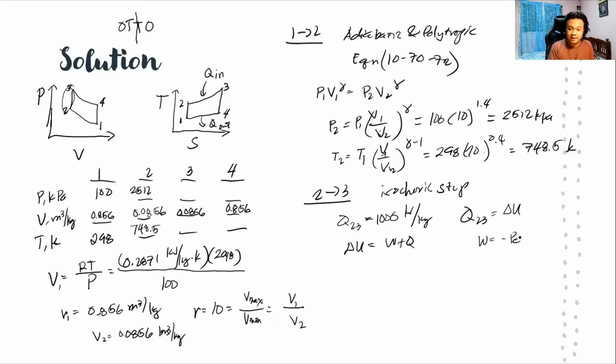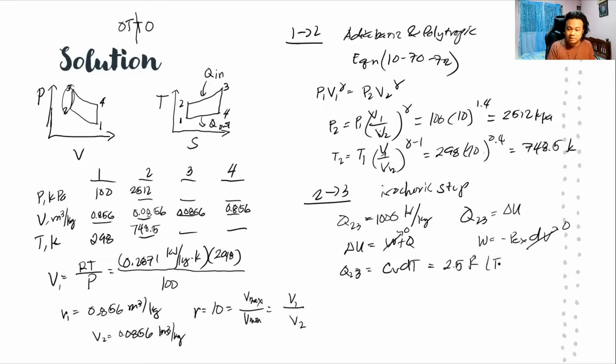That's P dV. Isochoric man, so 0. So meaning W is 0. What we are left with is Q, diba? So Q23 is equal to Cv dT, which is the formula for delta U. So we have 2.5 R here. Cv is equal to 2.5 R for diatomic molecules such as air.